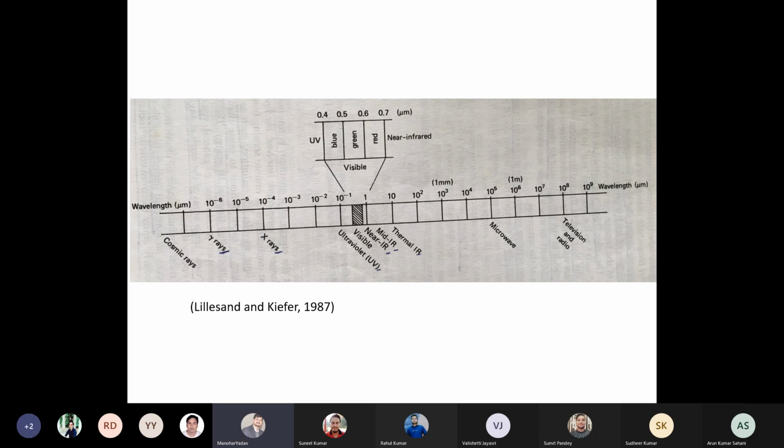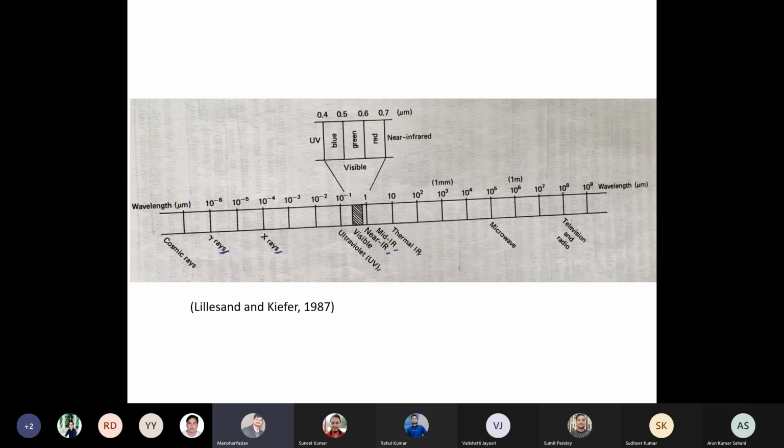Similarly, if you have another sensor designed at some other location in the electromagnetic spectrum, that sensor will only filter the energy within that particular specific band.